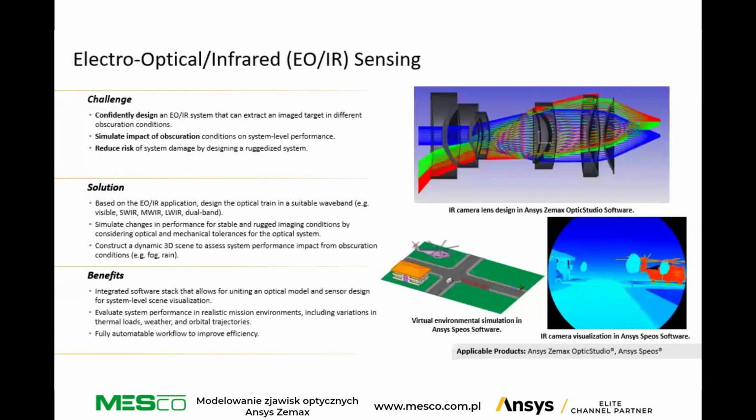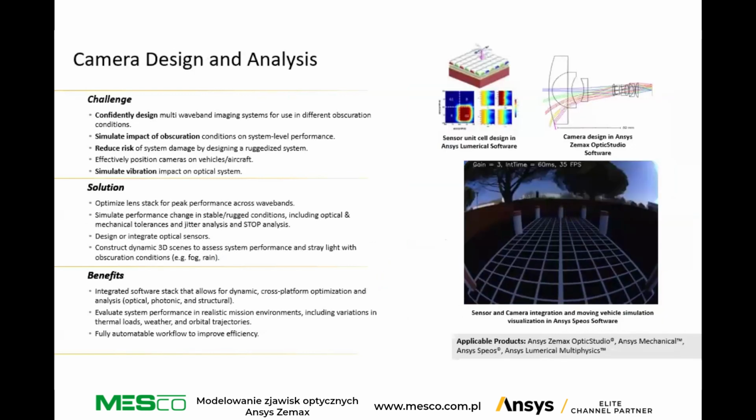Electro-optical infrared sensing, the same with Optic Studio. You will define your optical system and you can design or tailor it to the suitable waveband that you need, like visible, near infrared, and so on. Obviously, you can design cameras and you can analyze the performance.